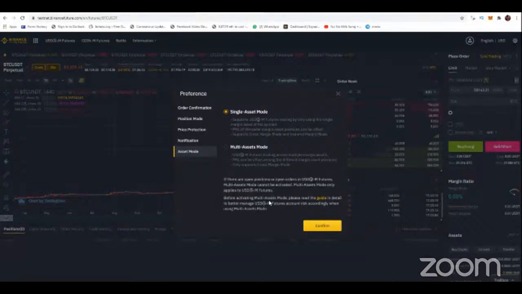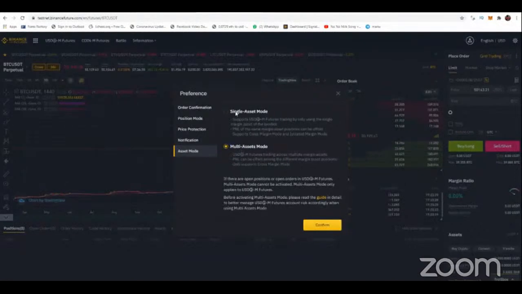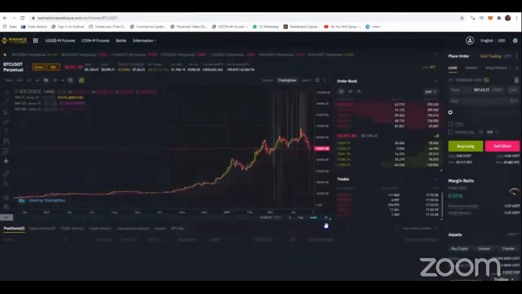Before activating multi-asset mode, please read the guide in detail to better manage it. You don't really need this part, but if you feel that you need the multi-asset mode, you can click on that. But I would just advise you to leave it on the single asset mode, and after you are done, you then click on confirm.